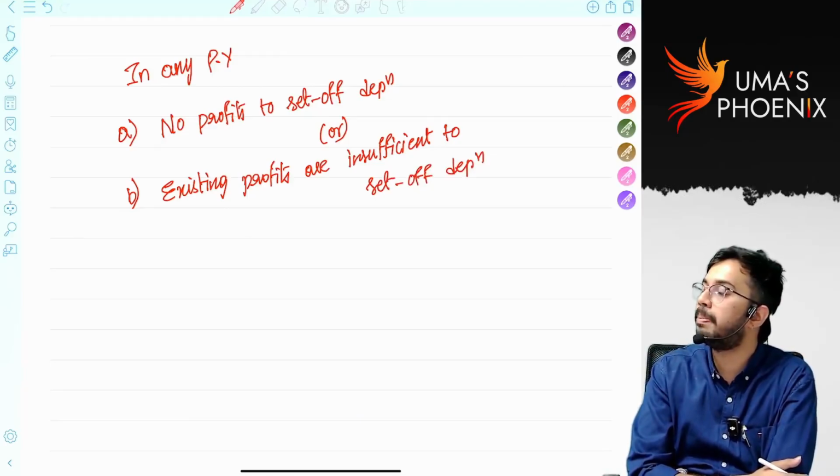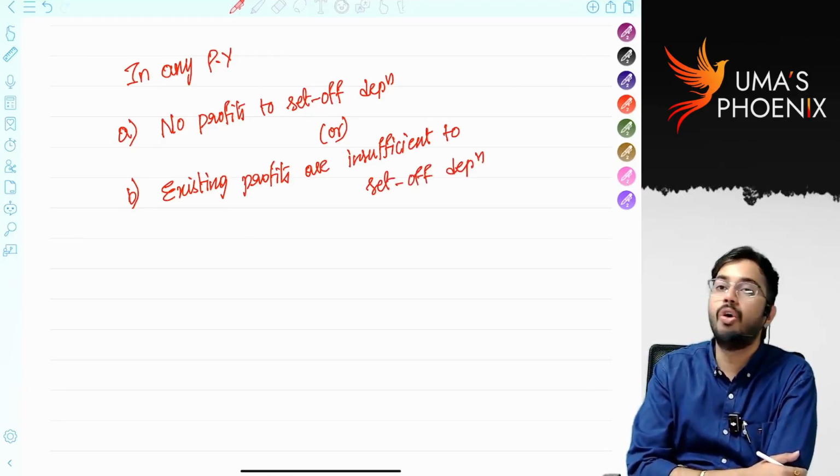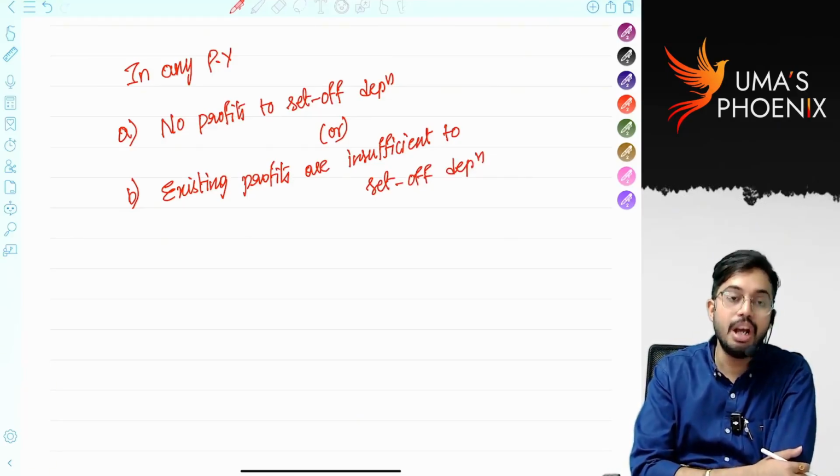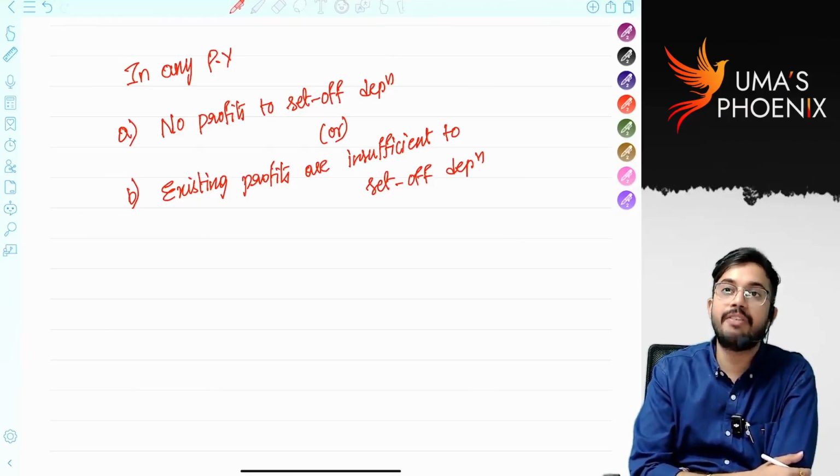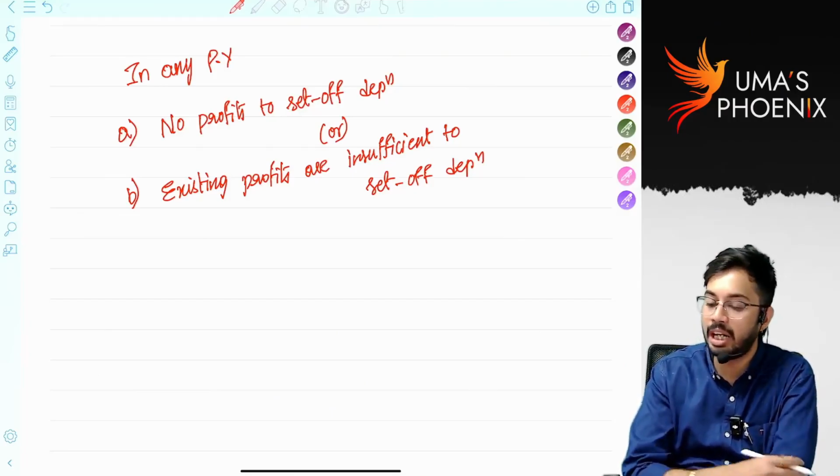When will unabsorbed depreciation exist? If there are no profits to set off depreciation or existing profits are insufficient to set off depreciation, then unabsorbed depreciation will exist.